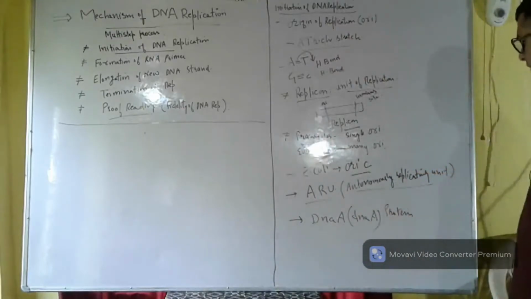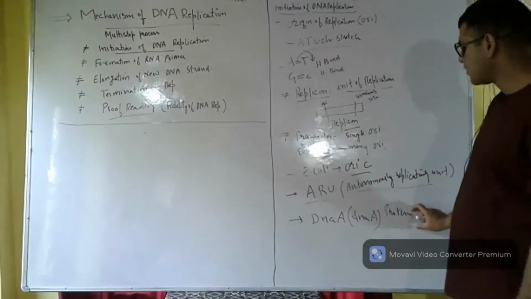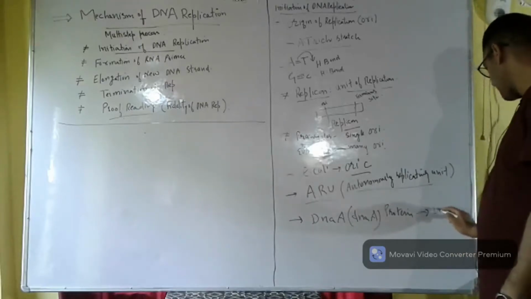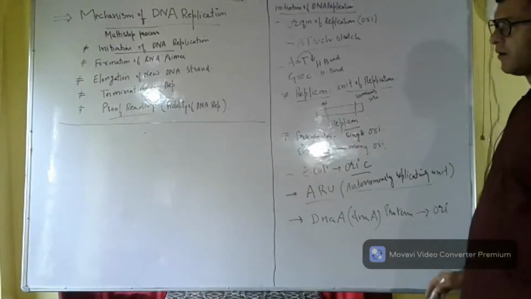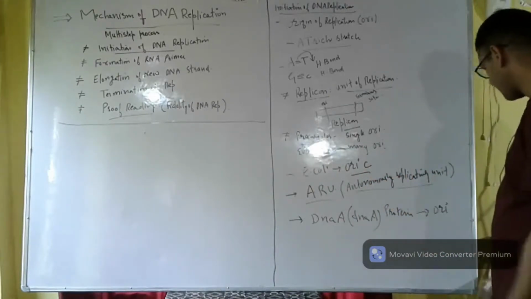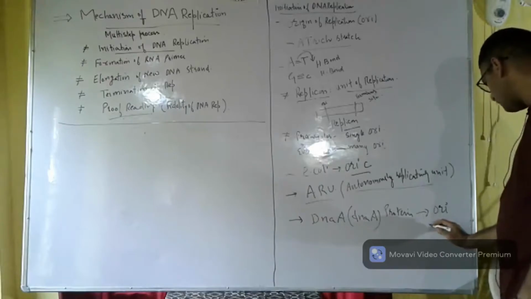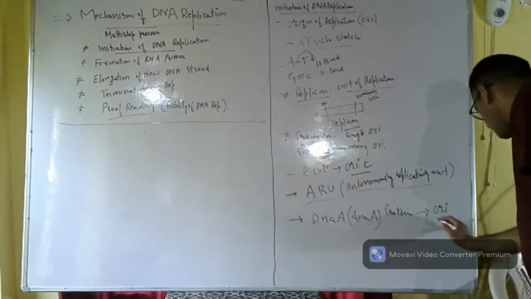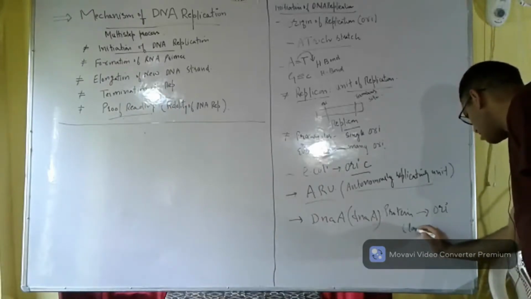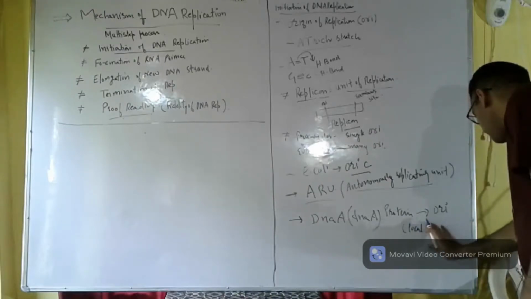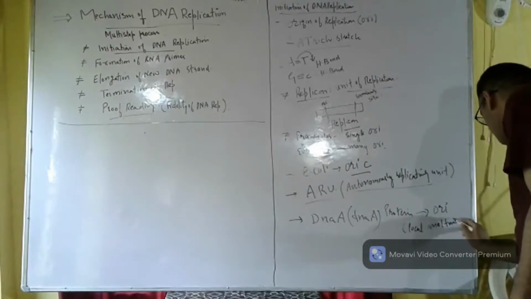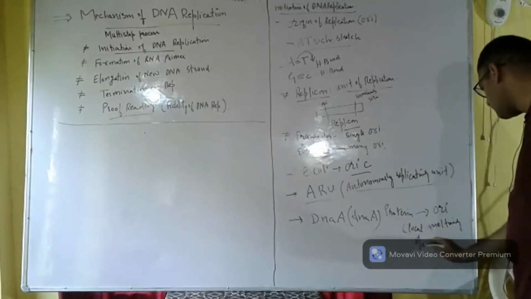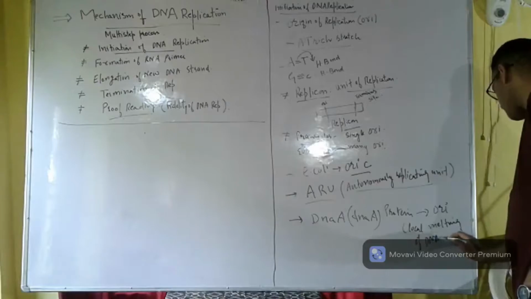So this DnaA protein binds to the ORI site and causes melting or unwinding of the DNA duplex, local melting or unwinding of the DNA duplex.